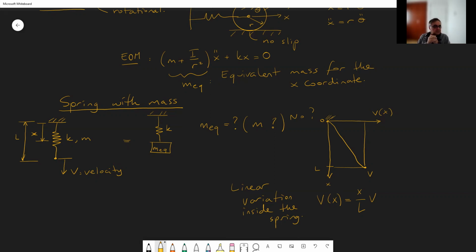Now the critical thing is to find the kinetic energy of the spring. If we can find it, we can determine the equivalent mass from 1 over 2 m v squared.